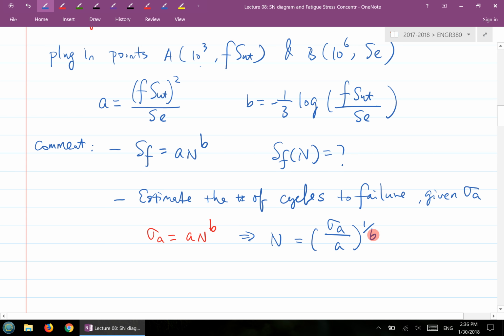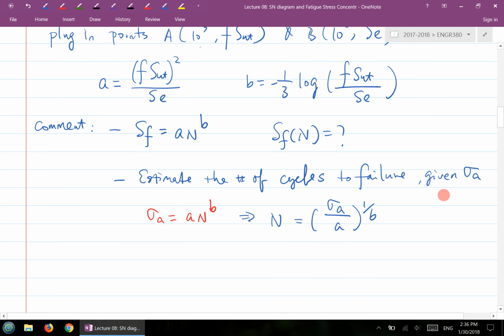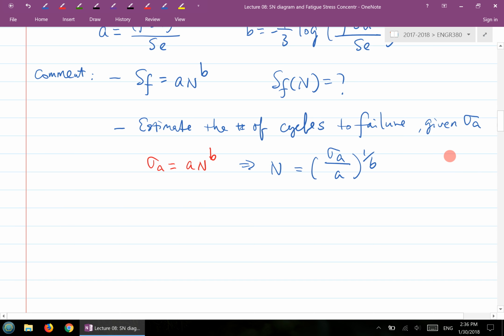So those are two different directions for interpreting this single formula: get the fatigue strength at a number of cycles, or estimate the number of cycles given the amplitude of the completely reversed stress. Let me show you an example right here.